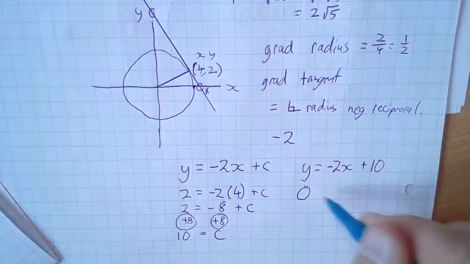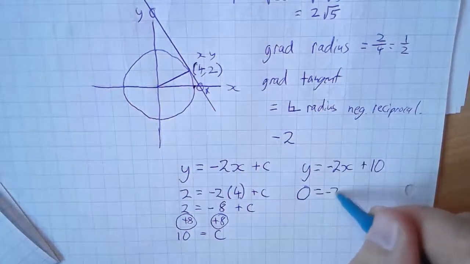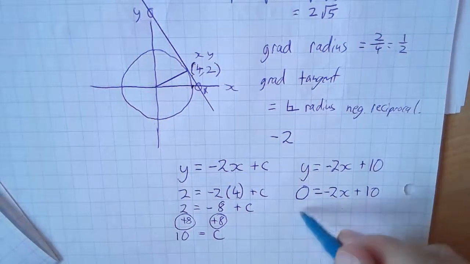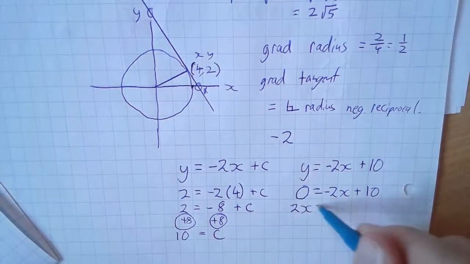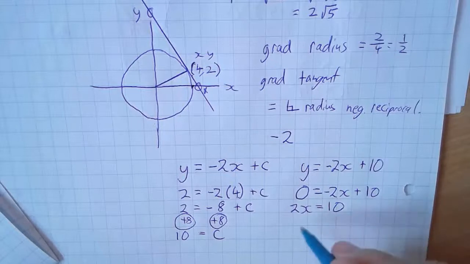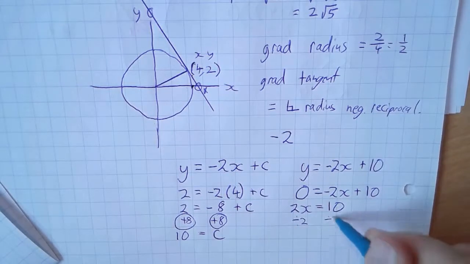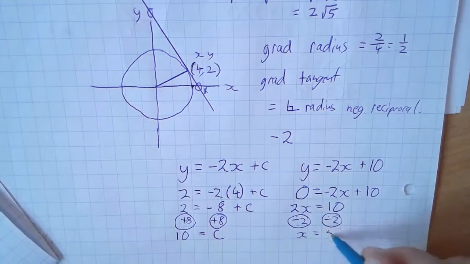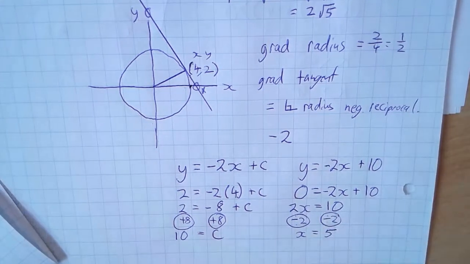So I'm going to rewrite this as 0 equals -2x plus 10. Add 2x to both sides, 2x equals 10, and divide both sides by 2. x equals 5.